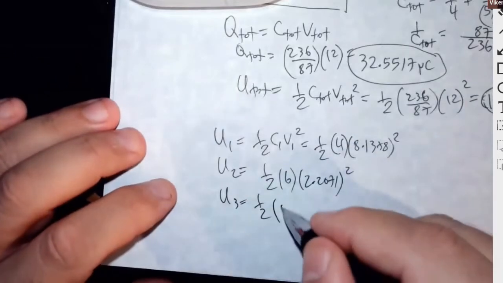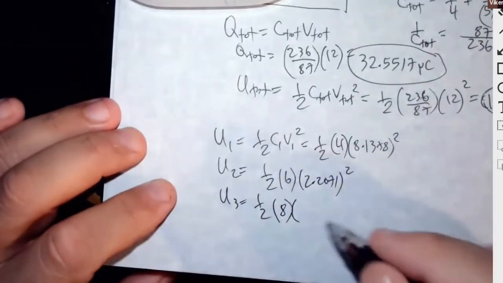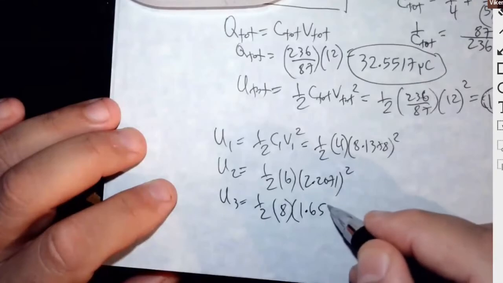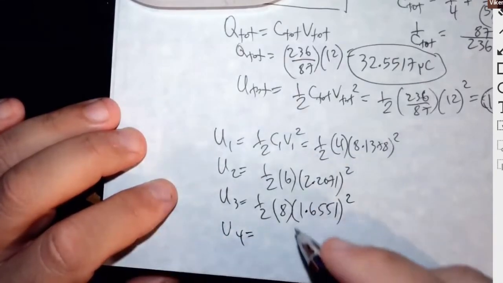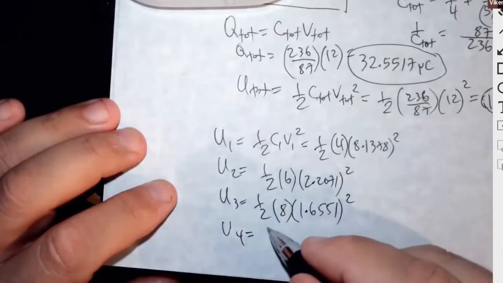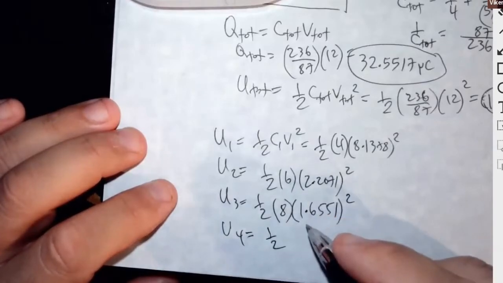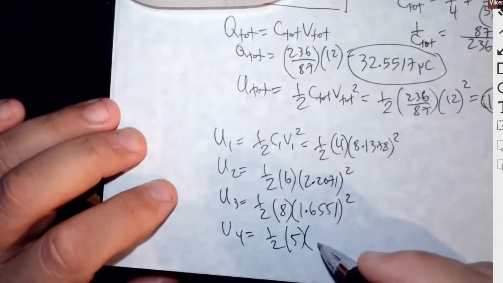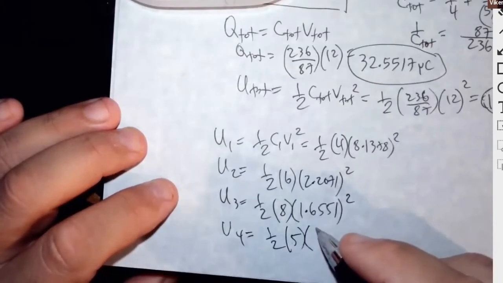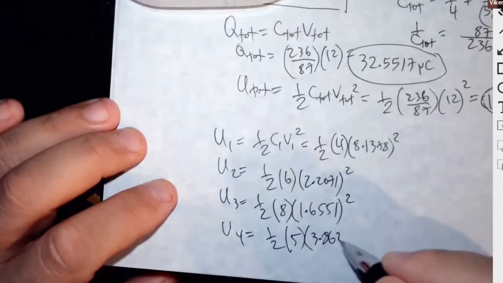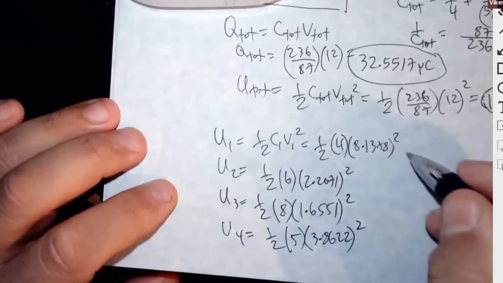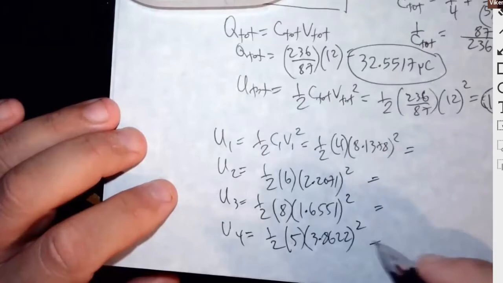C3 is 8, its voltage is... C4 is 5, its voltage is 3.8622.